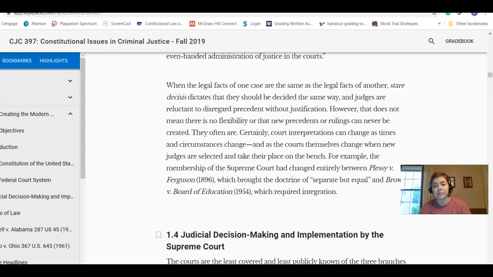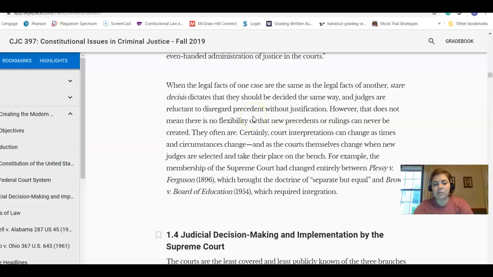And then there's a series of cases working through the federal court system right now dealing with drones and how drones are impacted by the Fourth Amendment and your right to be protected against unreasonable search and seizure.